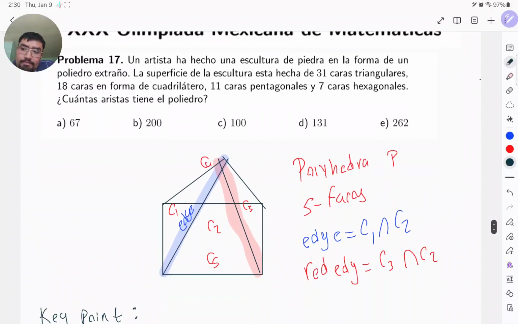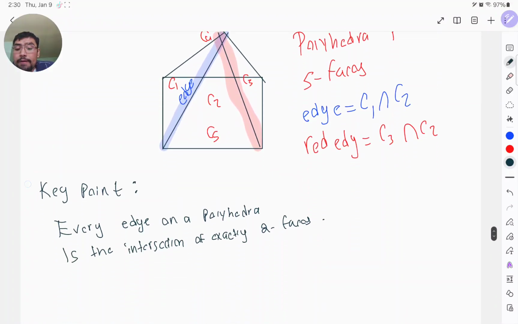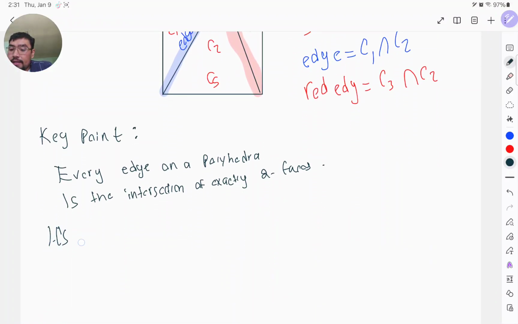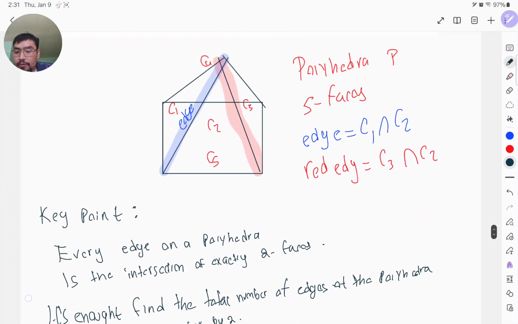So the problem is quite easy now with this observation, because it's enough to find the total number of edges of the polyhedron and divide such number by 2, because of our key point.